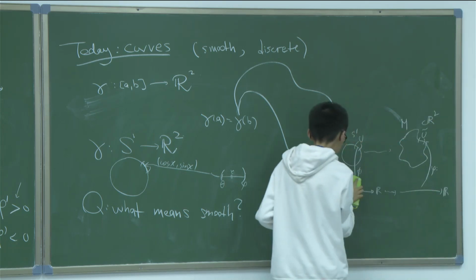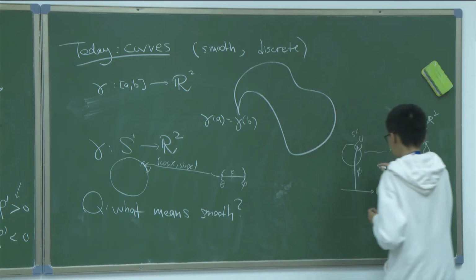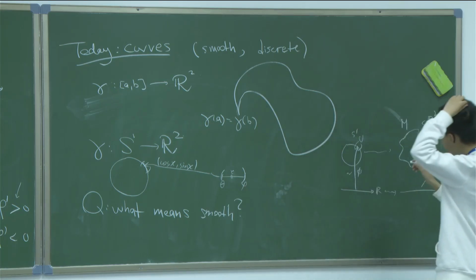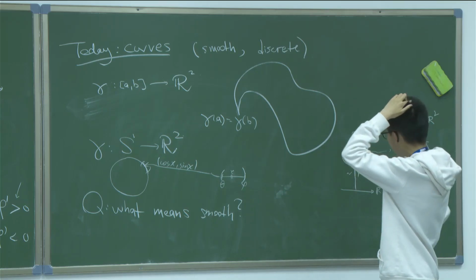Suppose then it's a one-to-one map from R to this one.